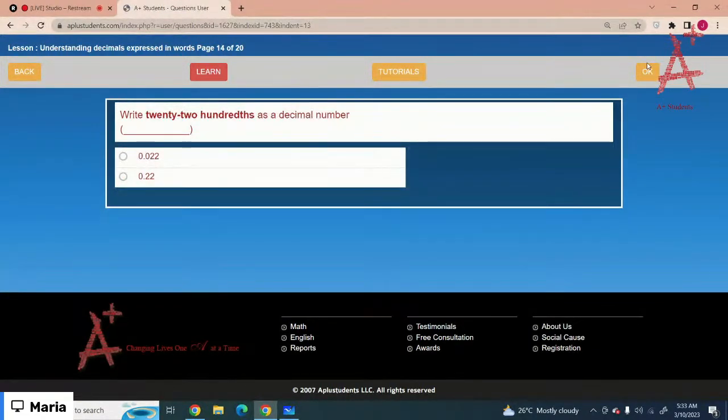Write 22 hundredths as a decimal number, which is the correct option. The correct option is 0.22. Got it? Hundredths, just write down below the hundredths, it would be 0.22. Very good.